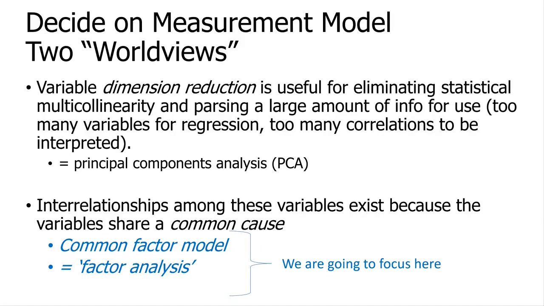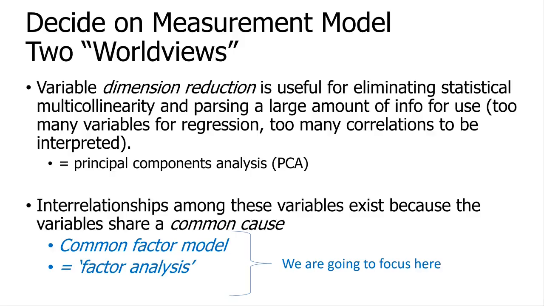We are going to approach this lecture, and as behavioral scientists in general, probably the more common approach is one that's shown on the bottom of the slide, which is the assumption that the interrelationships among the person-level variables exist because the variables share a common cause. And that's generally what's called the common factor model, or a true factor analysis, if you're thinking about it analytically.